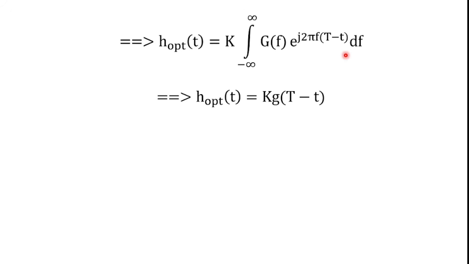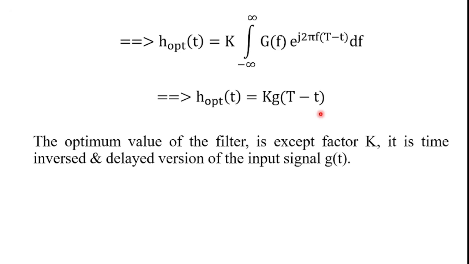So therefore, the optimum value of the filter h opt of t is equal to k into G of capital T minus t. The optimum value of the filter is, except for the factor k, where capital K is the constant, a time inverse and delayed version of the input signal. And what is the input signal here? G of t is the input signal.